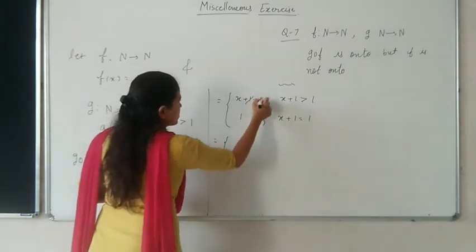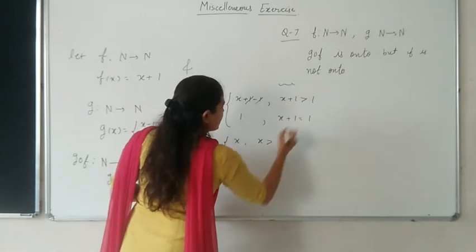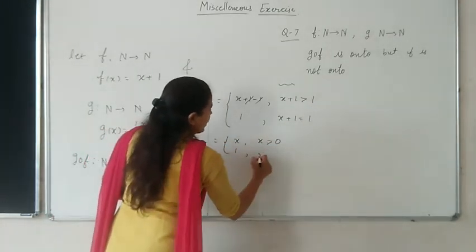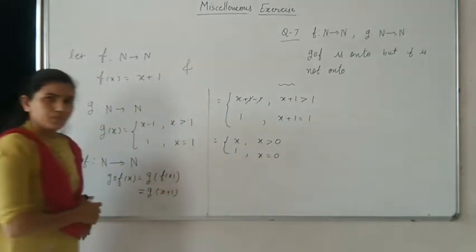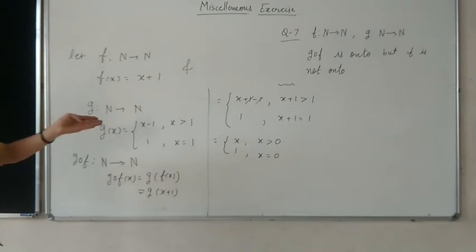So actually this function is x if x is greater than 0, and 1 if x is equal to 0. Okay students, so this is our composition: if x is greater than 0 then the value is x, and if x is 0 then 1.